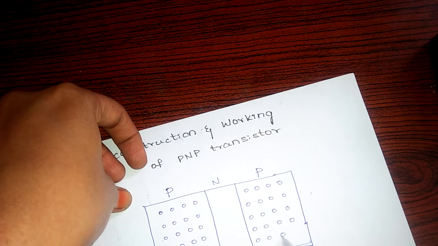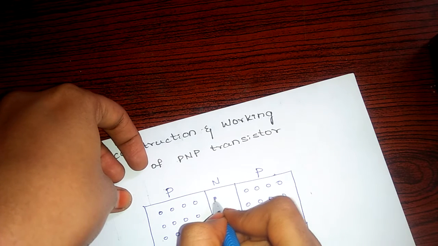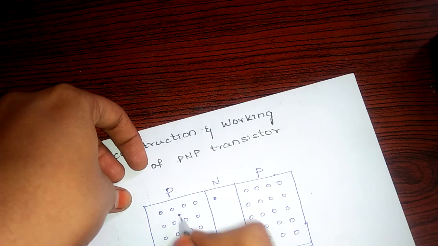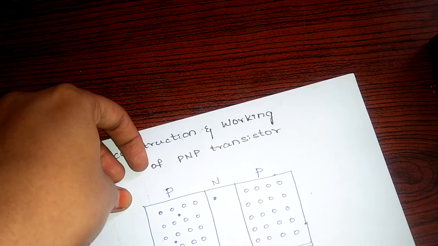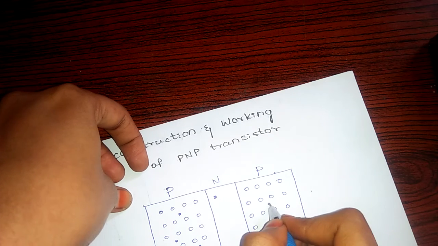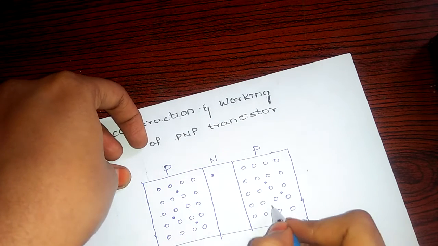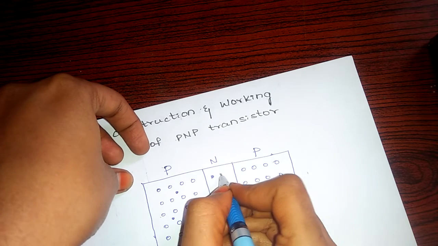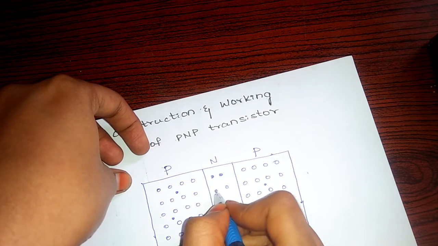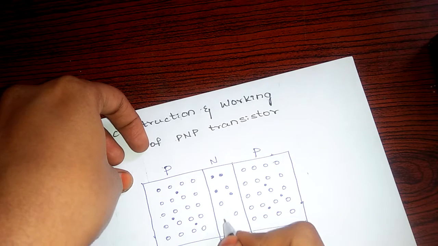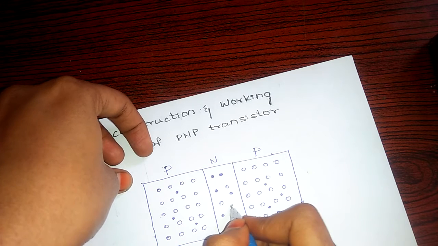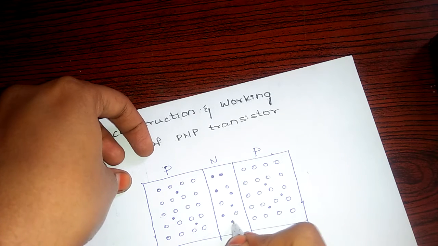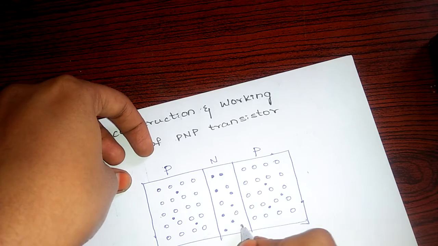Of course, it is nothing but electrons. Here the minority charge carriers are electrons. Here the minority charge carriers are holes, right? So the remaining all are electrons.